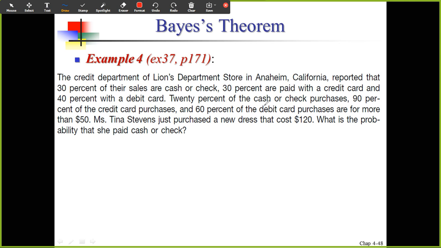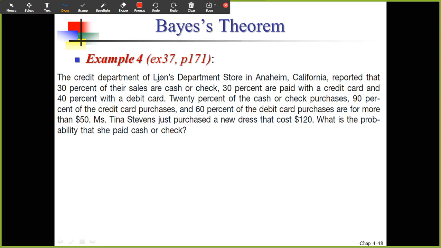20% of cash purchase. That means buying goods, paying cash, 20%. 90% of credit card purchase. Among those who pay by credit card, 90% buy.